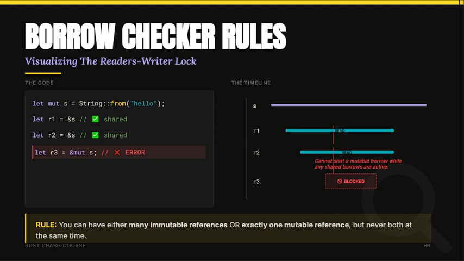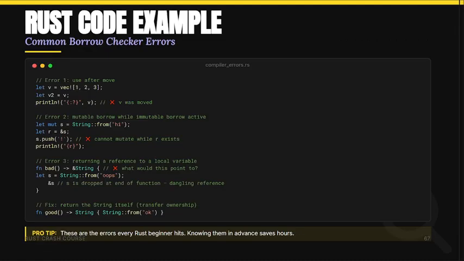This is the borrow checker. This is what the compiler enforces. Once you internalize it, most ownership errors become obvious before you even run the compiler. Here are 3 errors every beginner hits. Knowing them saves hours. You have this one here: you used a value after a move happened. So v was moved, so you get an error here.